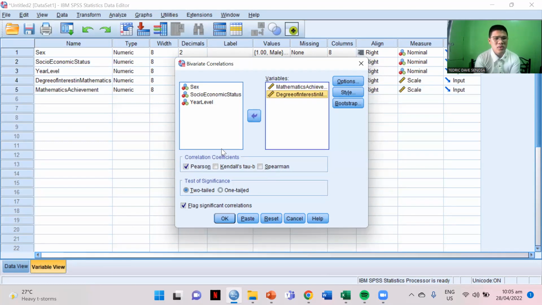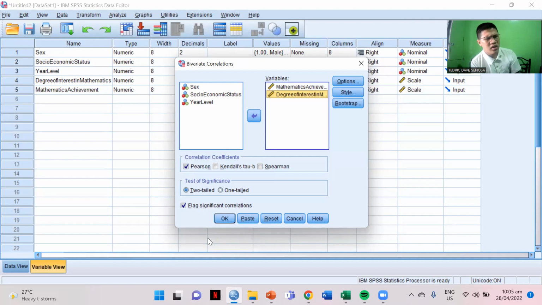But given that we use parametric data, meaning you have simple random, stratified random, or cluster sampling, we use Pearson R. But if you use convenience sampling, whoever answers first, you use Spearman. Since ours is parametric, we check Pearson, click two-tailed, and click Flag significant correlations.